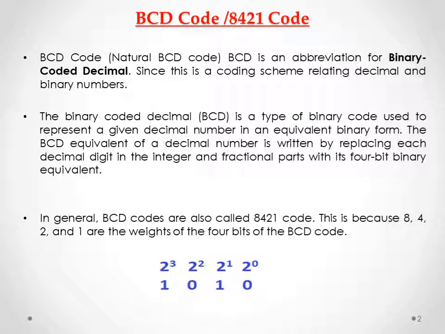The BCD equivalent of a decimal number is obtained by replacing each decimal digit in the integer and fractional parts with its 4-bit binary equivalent. In general, BCD codes are also called 8421 code. This is because 8, 4, 2 and 1 are the weights of the 4 bits of the BCD code.